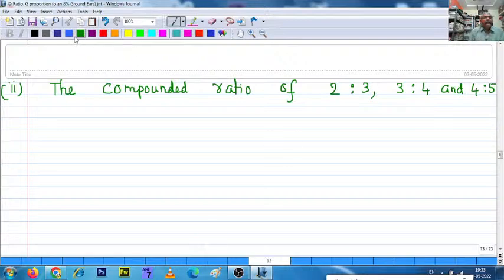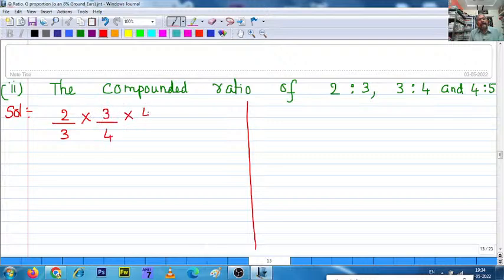Okay, so now let us do both the methods. First method: this 2 is to 3 we can write 2 by 3, multiplied with 3 is to 4 which is 3 by 4, multiplied with 4 is to 5 which is 4 upon 5. So here cancellation takes place. 3 cancels with 3, 4 cancels with 4. We have 2 by 5. Therefore directly we can write 2 is to 5.